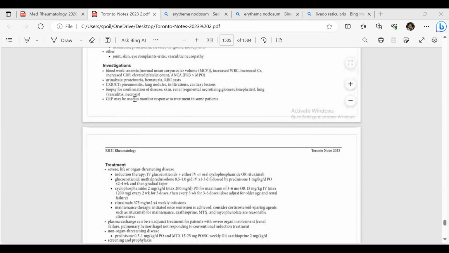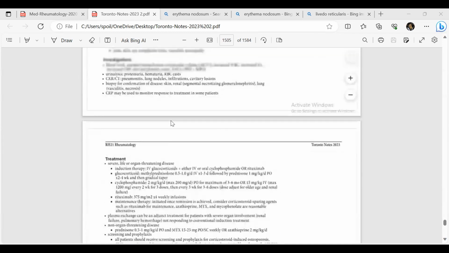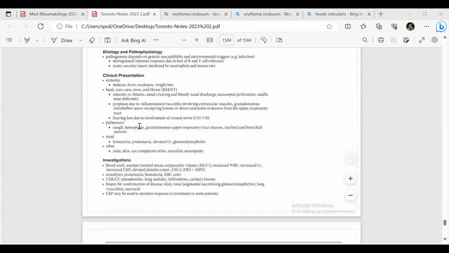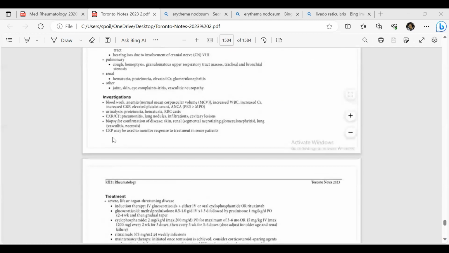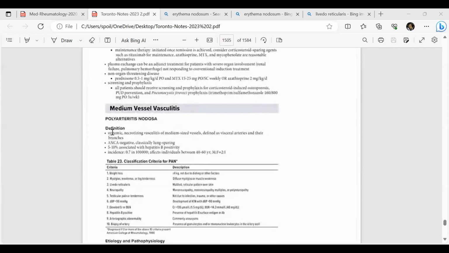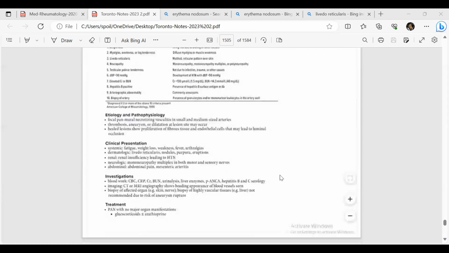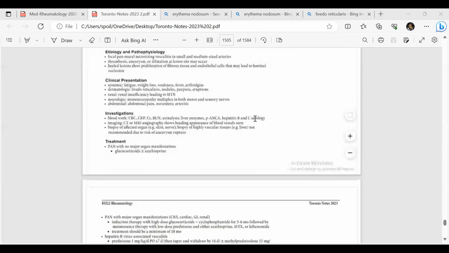Hepatitis B is with polyarteritis nodosa, and in small vessel ANCA vasculitis there is no hepatitis; it is just CRP. In polyarteritis nodosa, we are also doing hepatitis B and C, both serology.